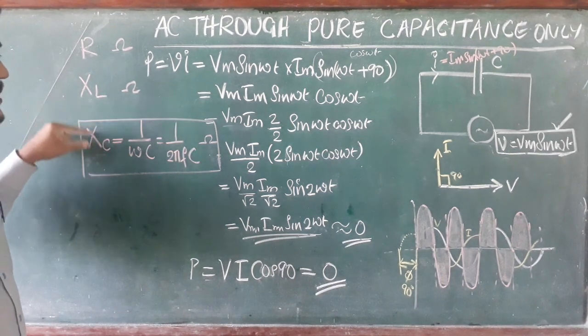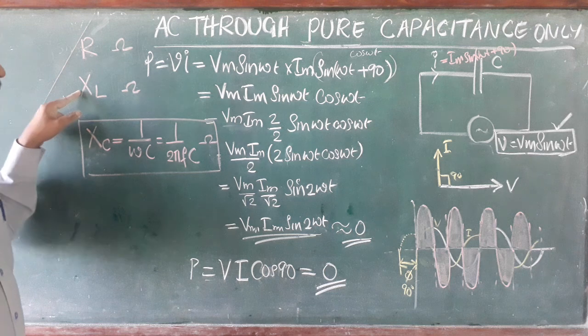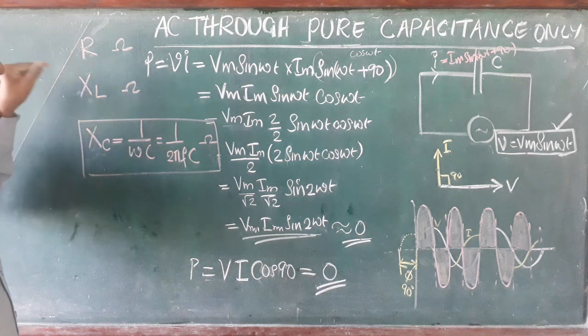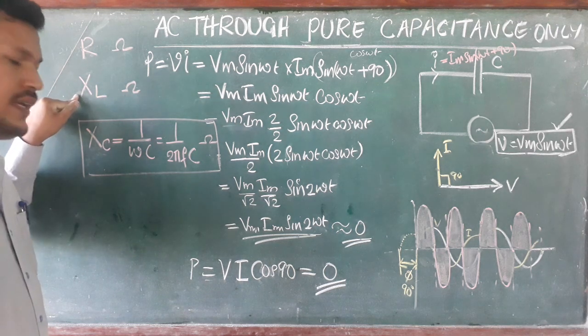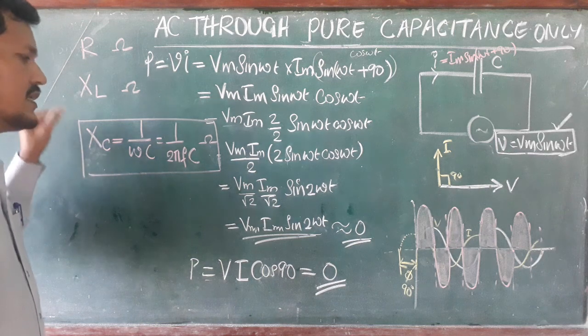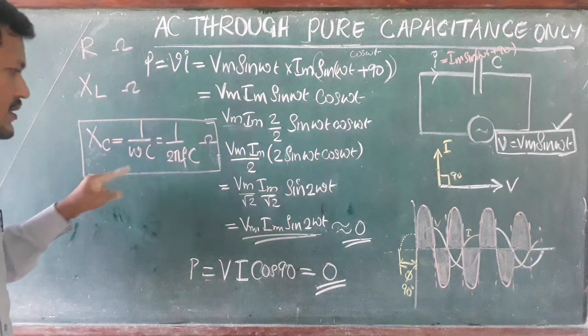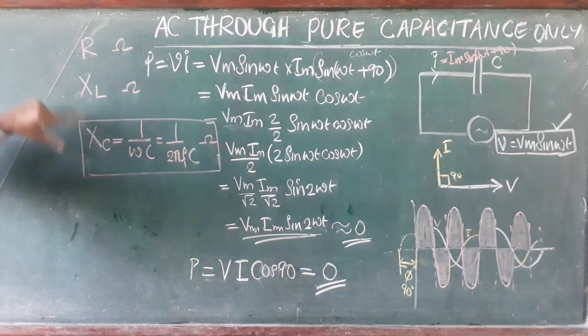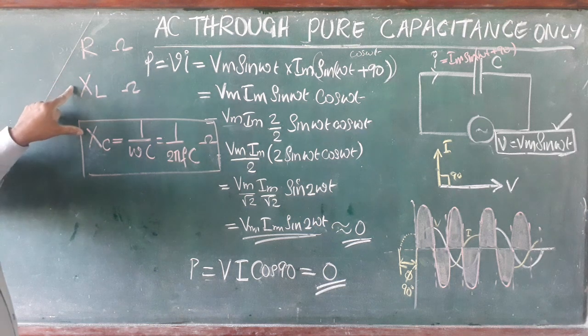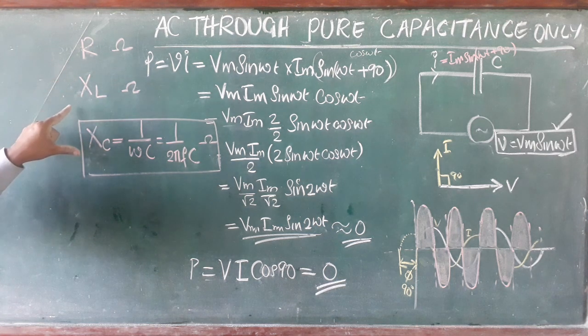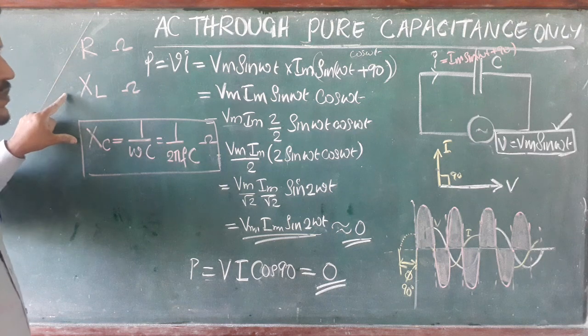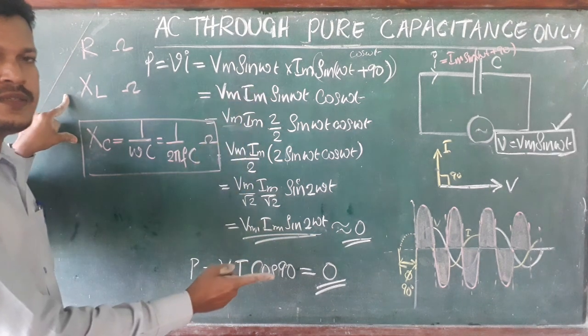That also depends upon the supply frequency. The inductive one depends upon its inductance value in henry, and the capacitive one depends upon its capacitance value C. So it depends on frequency also. So it is varying, and also varying with respect to the current leading and lagging.